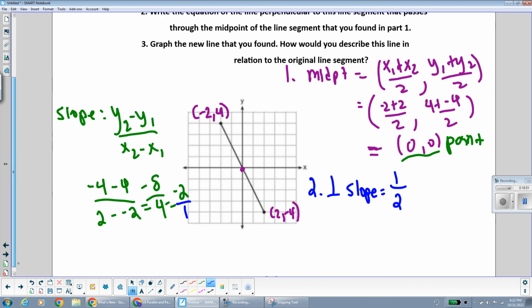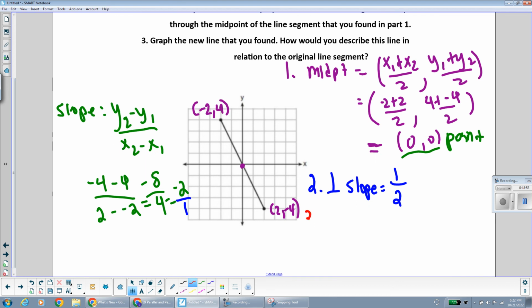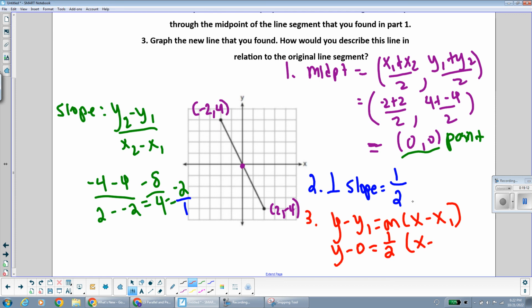All that's left for us to do is use our point and our slope to write the equation of the line. So I'm going to write down point slope form once again, and I'm going to just plug in. The y coordinate of the midpoint, the point that we're using, is 0. Our slope of the perpendicular line was 1/2, and our x coordinate of the point that we're using was 0.